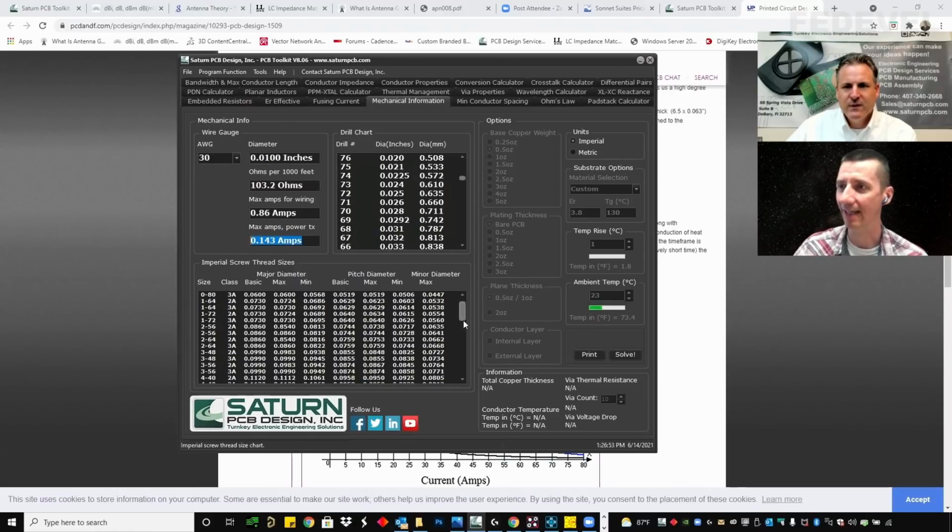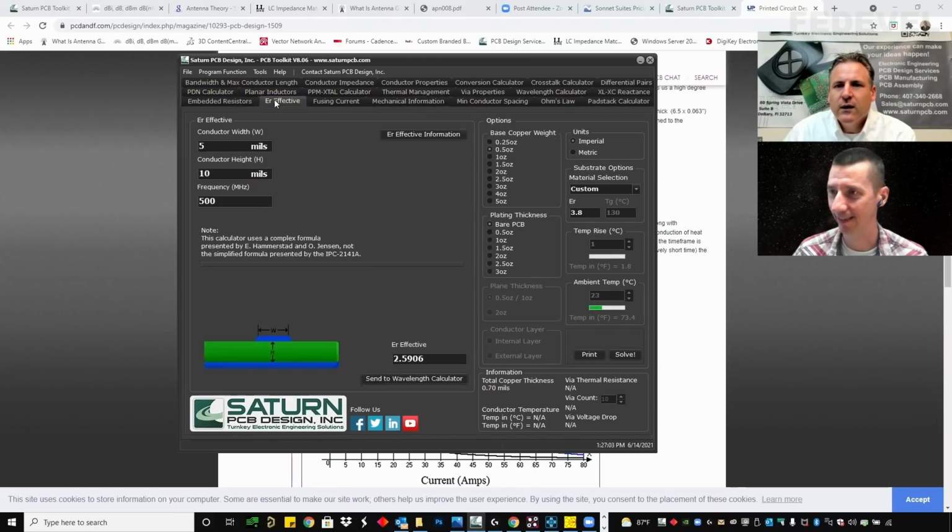Let's go to ER effective. ER effective, where is that? Second left from the mechanical information down, yeah. ER effective is an RF term. It has to do with the geometry of the trace and the E and H fields creating what's called a cutting plane.